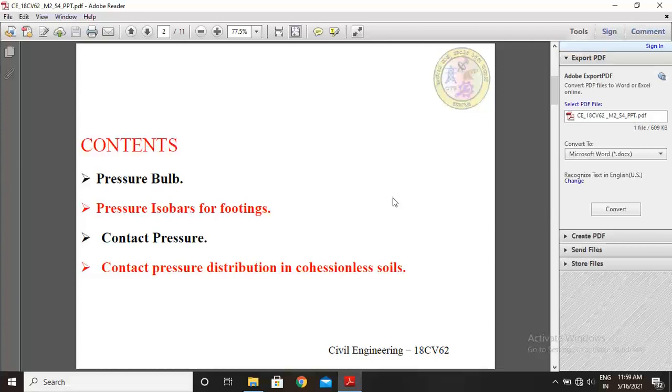These contents are prepared to be explained in detail with respect to given loads, how the pressure is distributed into the foundations while applying different types of loads, and how these contents behave. So that's today's class.